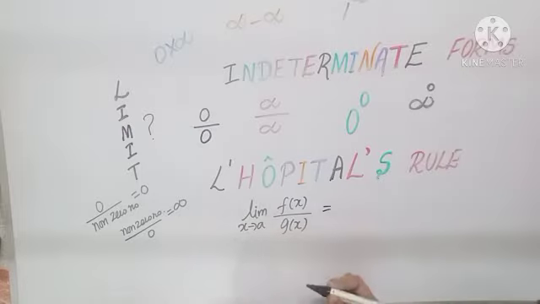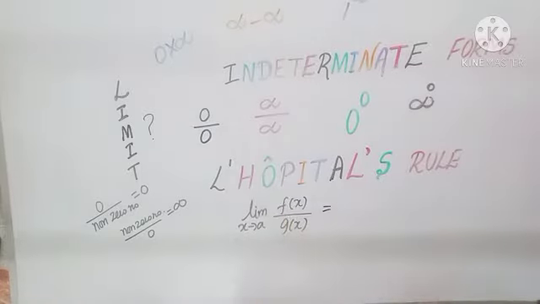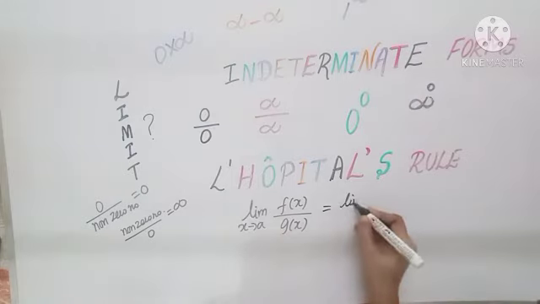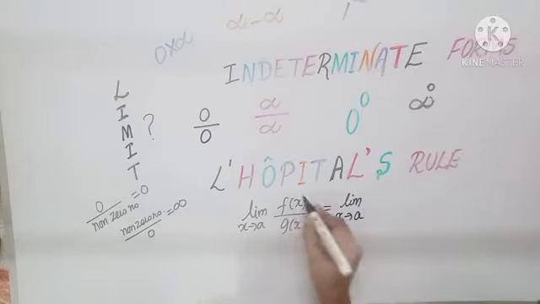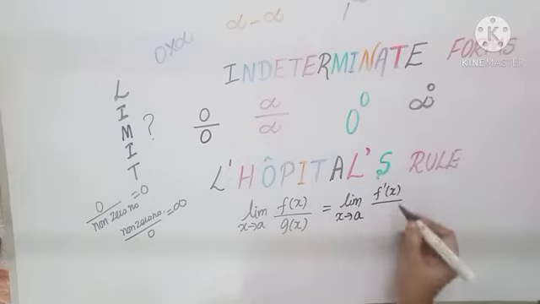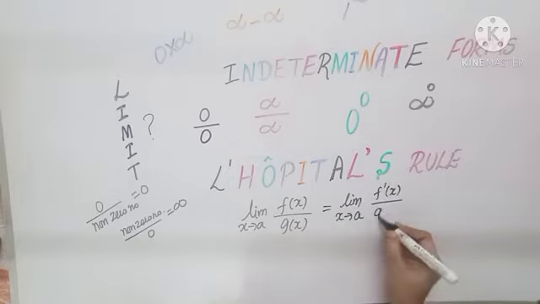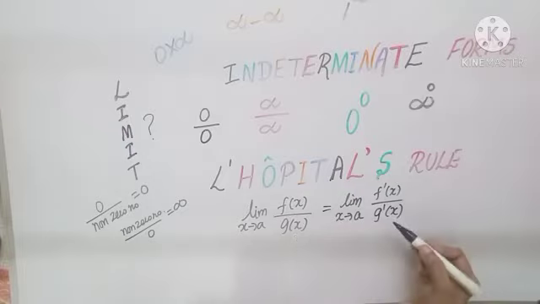When I apply, sometimes I may arrive at any of these indeterminate forms. Then I can write it as limit x tends to a, numerator, let us differentiate, f dash of x, denominator, let us differentiate, g dash of x. So, differentiate numerator and denominator separately.